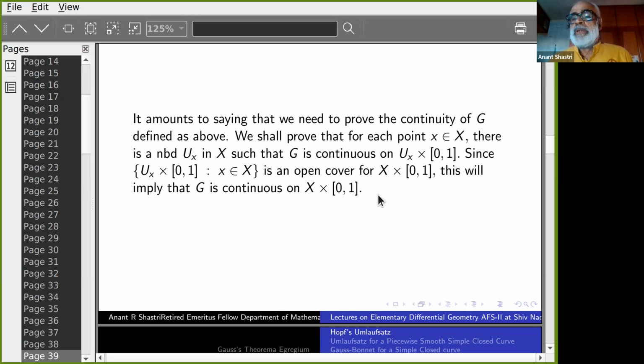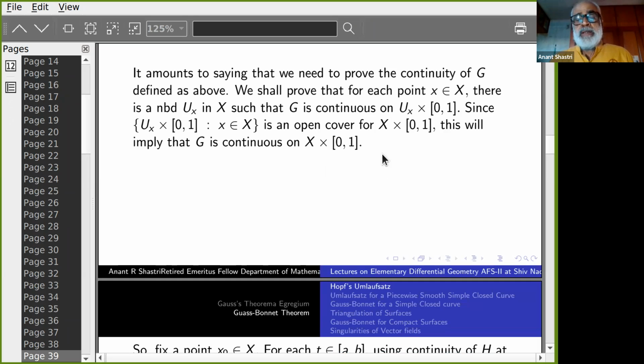All right. So how do we find this neighborhood on which the function is continuous? That is all that remains now. We have to do this, and it is done in a very meticulous way here.